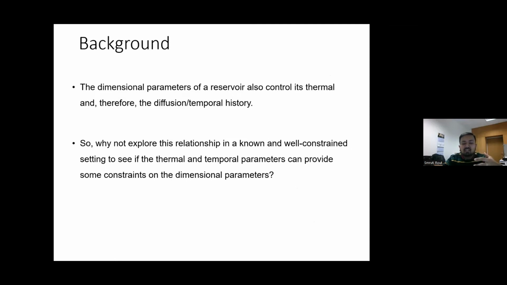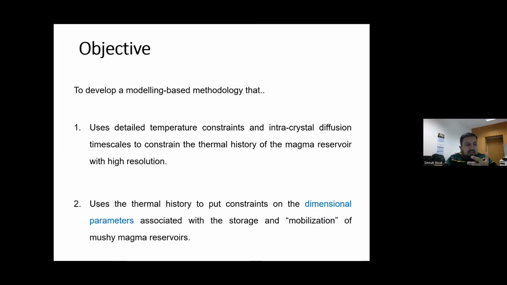So there exists some kind of relationship. So why not explore this relationship in a well-constrained environment and then see if one can backtrack from the thermal and the temporal parameters to have some kind of constraints on the dimensional parameters. So that is what our objective is.